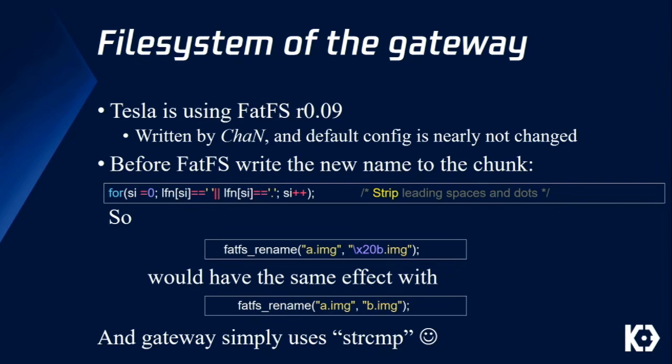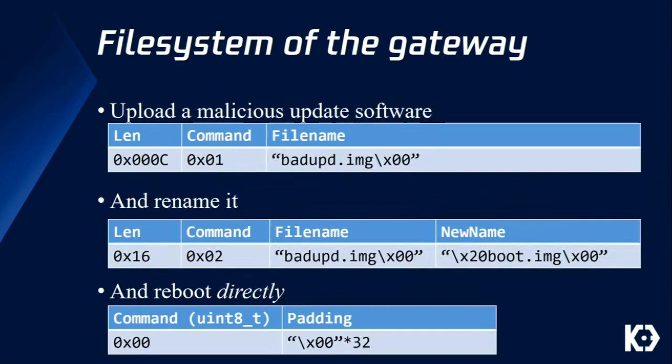And everyone can see that those two file names are different. And the string compare will return positive or negative. Anyway, it's not 0. So here is a pretty simple exploit. First, we upload our customized update software to the gateway.